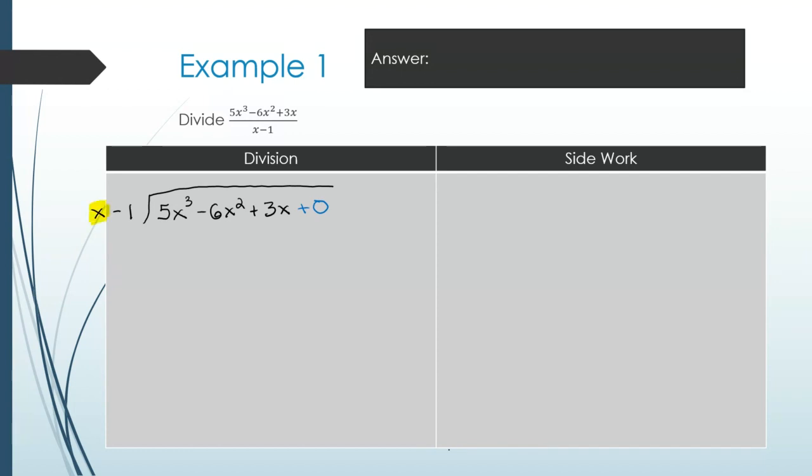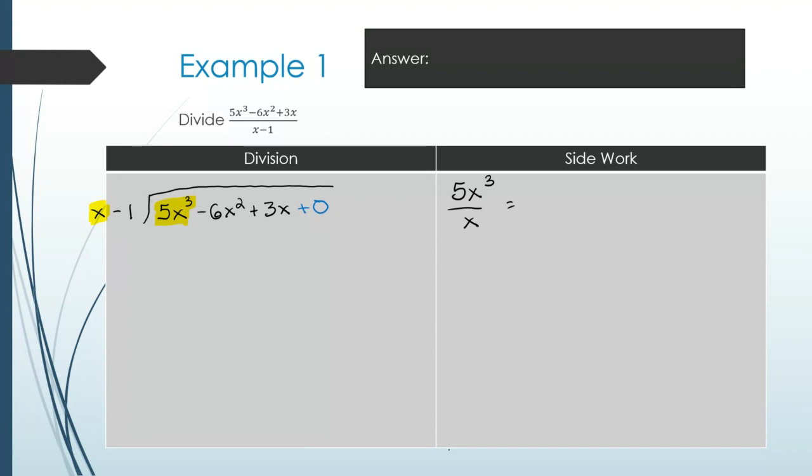Now, we always look at the beginning of each polynomial when we're looking for the division. So you're asking yourself, x times what gives me 5x cubed? The other way to look at this is to do the division: 5x cubed divided by x gives me what?